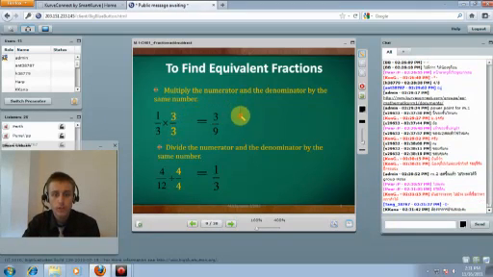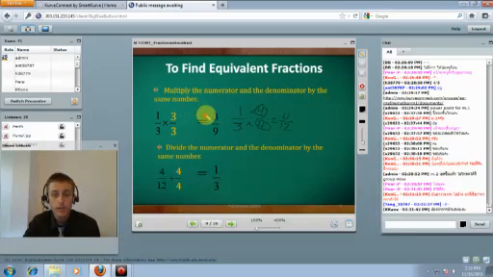You could also do 1/3 times 4 over 4 equals 4 over 12.